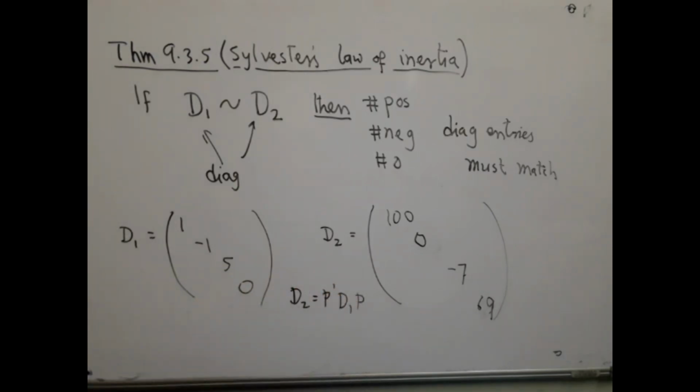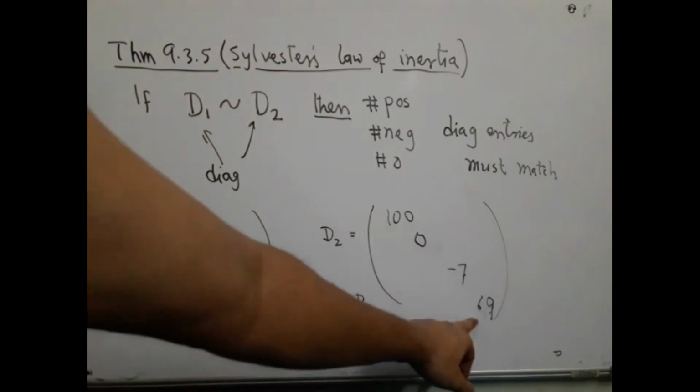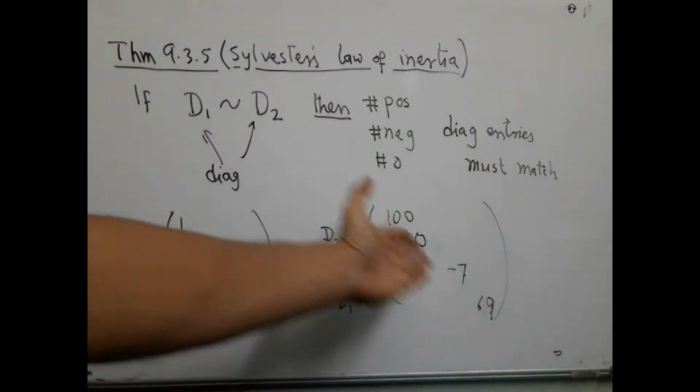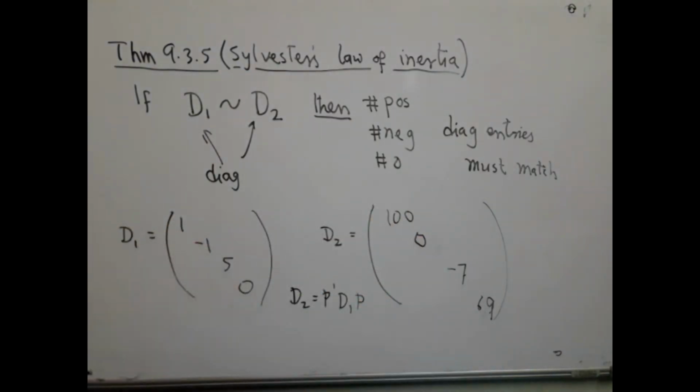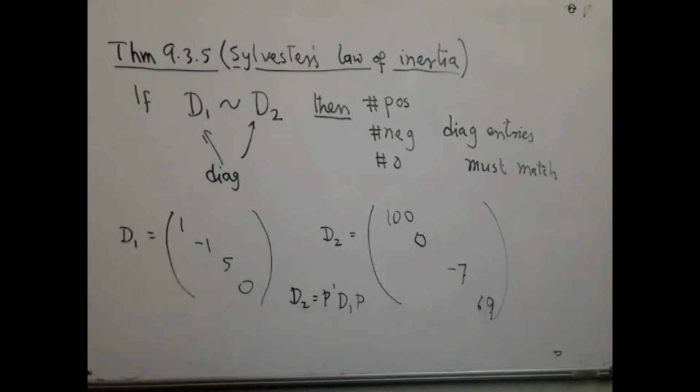Just observe that the number of positive entries here is 2. These two are positive entries. The number of positive entries here is also 2. The values are completely different. Their positions may be completely different. That's not a problem at all. You can control those values and the positions by just switching P. But the number of positive entries, that you can never change by choosing P suitably.